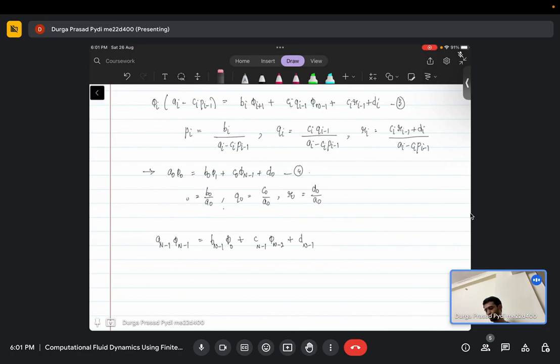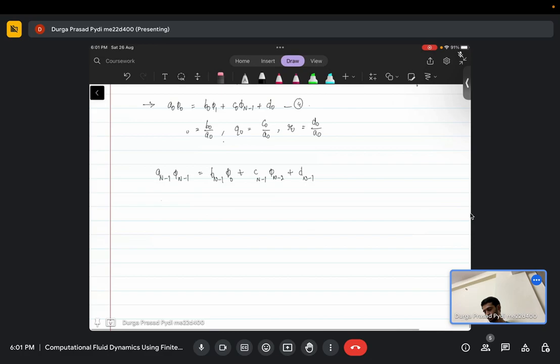In the final cell we have a n minus 1 phi n minus 1 equals b n minus 1 phi 0 plus c n minus 1 times phi n minus 2, and phi n minus 2 can be written as p n minus 2 phi n minus 1 plus q n minus 2 phi n minus 1 plus r n minus 2, plus d n minus 1.